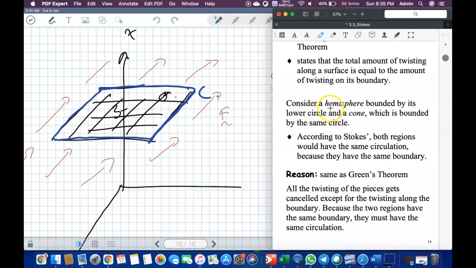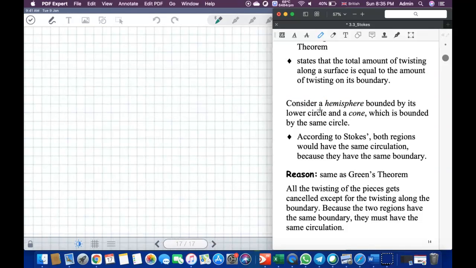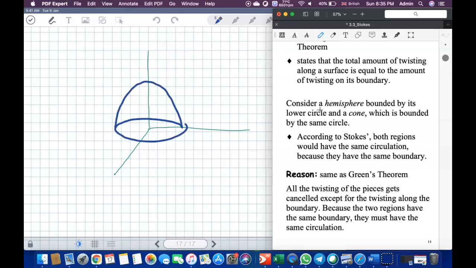For example, instead of a plane, let's say I give you a hemisphere. What does the hemisphere look like? We have a hemisphere for any radius, let's say radius 1.